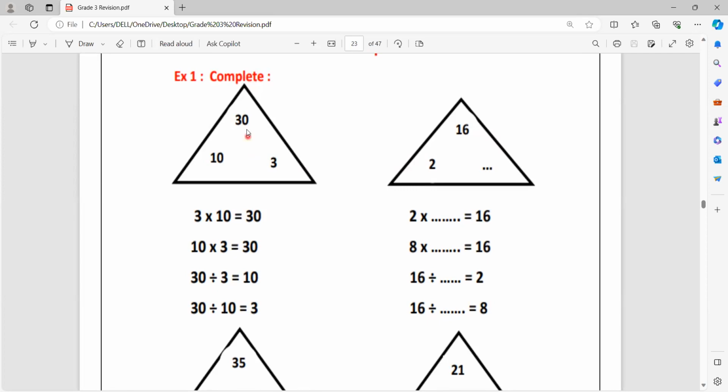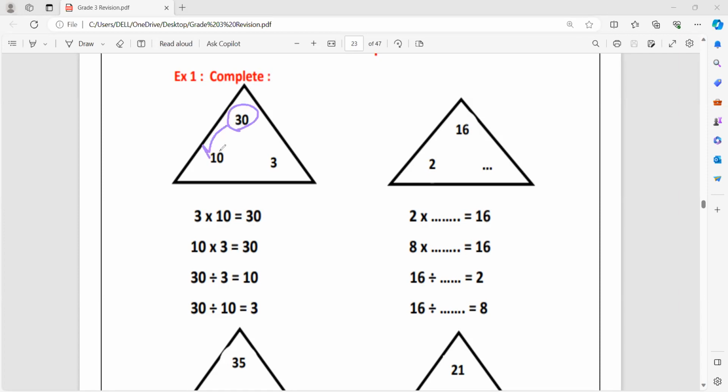Like here, I have 3 numbers. I have 30, 10, and 3. It means that if I make 3 times 10, it will be 30. Or in commutative, I can put 10 first. 10 times 3, it will give me also 30. But if I want to make division, not multiplication, in division, I'm going to start with the biggest number, which is up here.